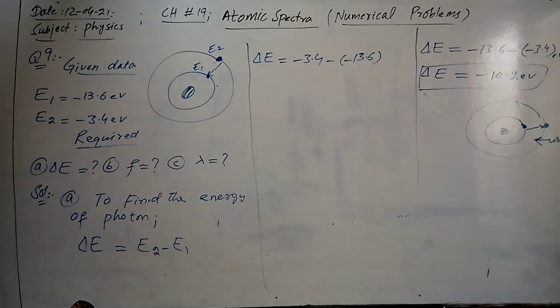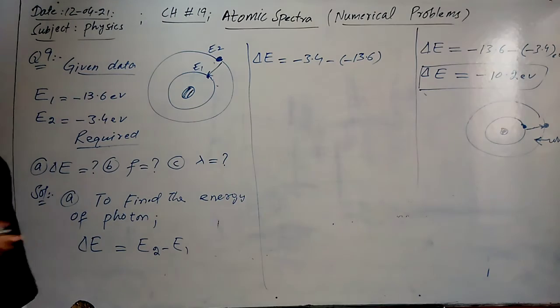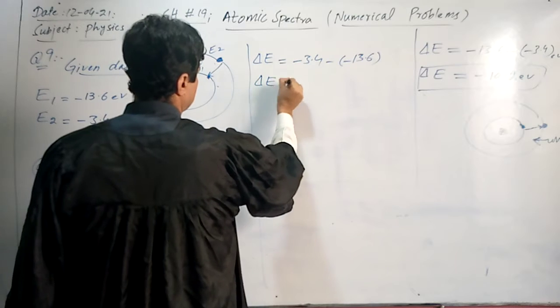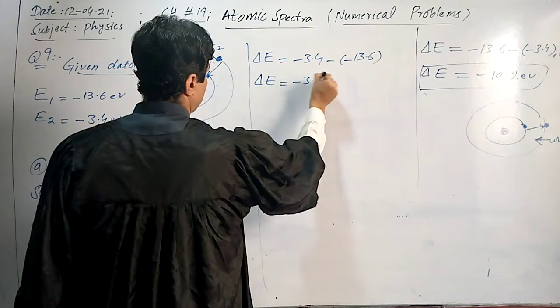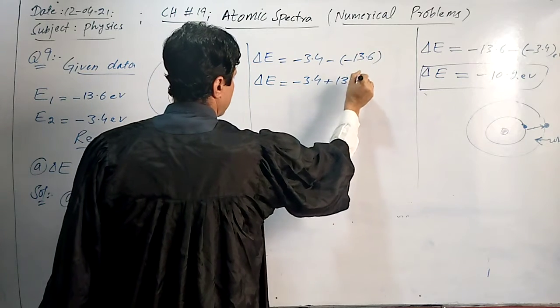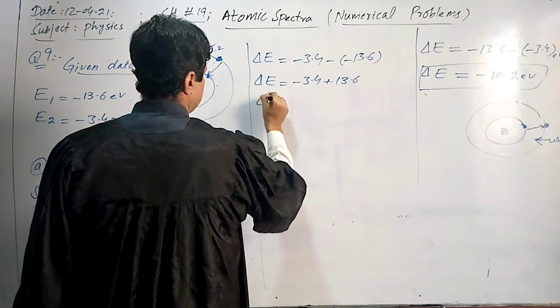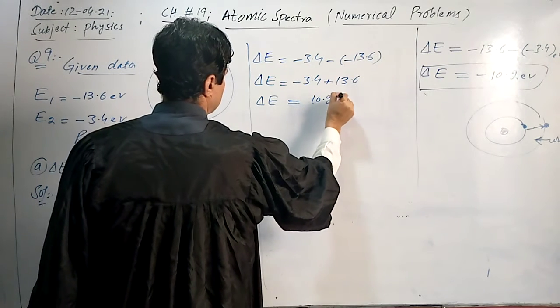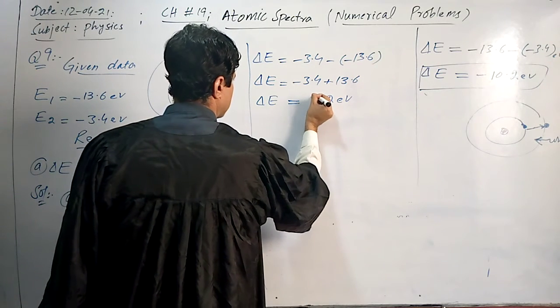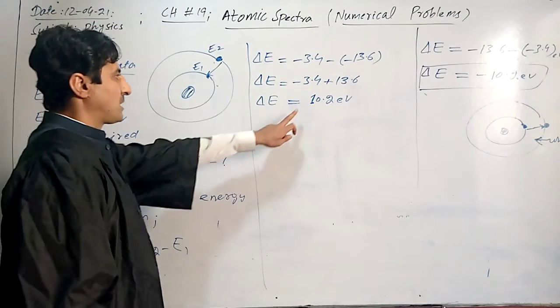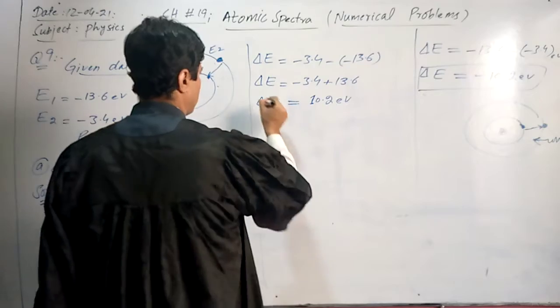So by solving this, we get minus 3.4 plus 13.6, which will become 10.2 electron volt, but positive. The energy of the photon emitted when jumping from the second orbit to the first orbit will be equal to positive 10.2 electron volt.